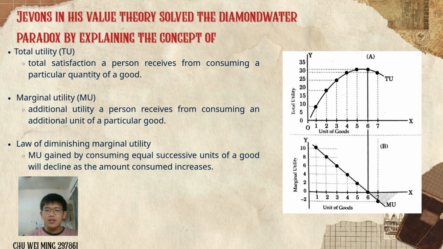Now we look at the two diagrams in this slide. It is about the law of diminishing marginal utility, which means that after we consume a particular quantity of goods, the marginal utility will not increase much and it will become zero or negative.